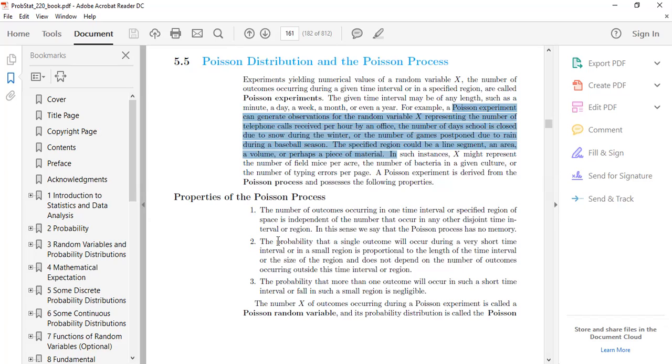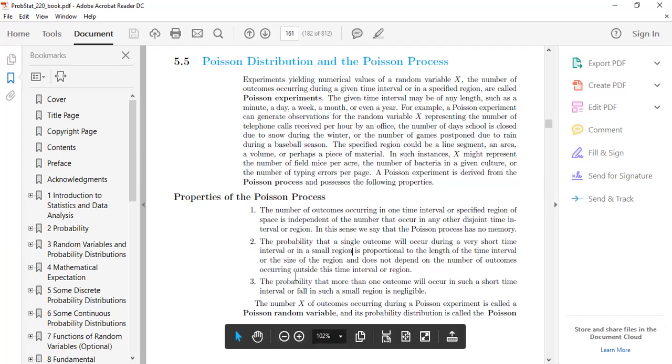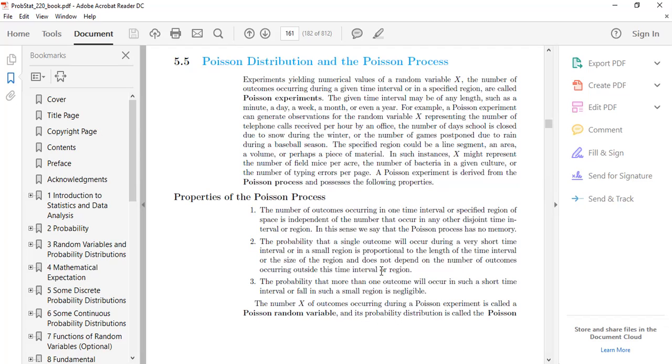I repeat, the probability that a single outcome will occur during a very short time interval or in a small region is proportional to the size of the time interval or the size of the region, and does not depend on the number of outcomes occurring outside the time interval or region. If outside some fluctuations are there, we don't count.